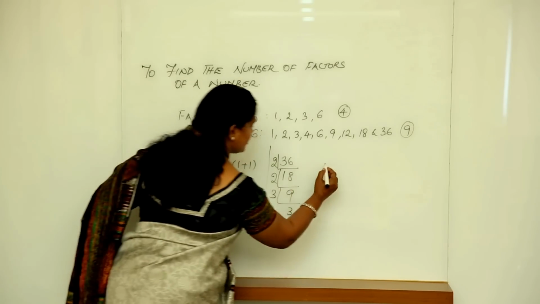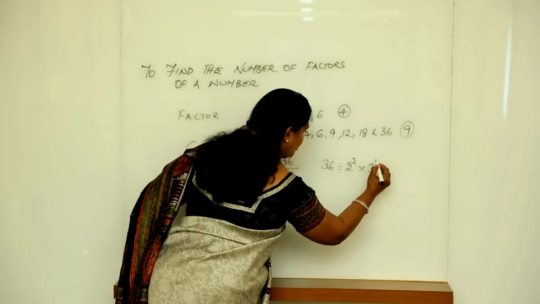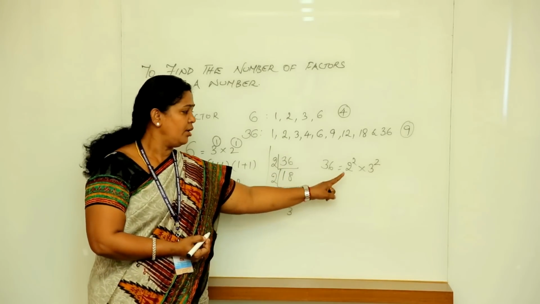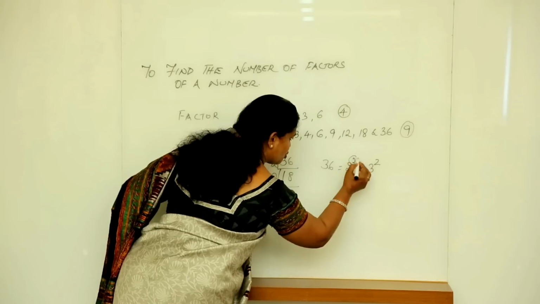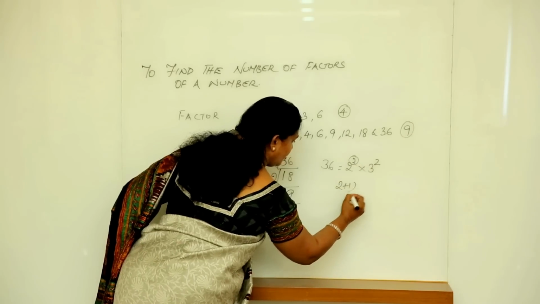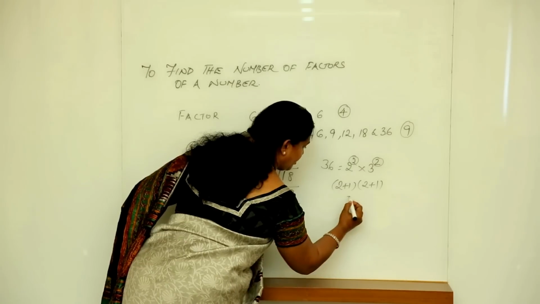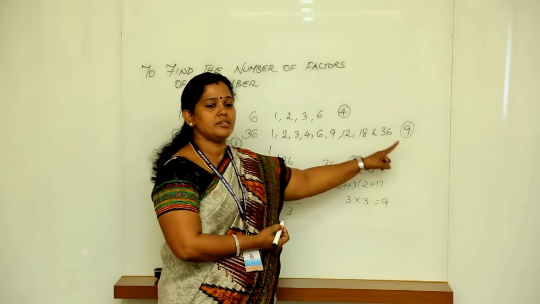So, 36 is expressed as 2 power 2 into 3 power 2. The prime factors of 36 are 2 square and 3 square. Now, to this 2 add 1, to this 2 add 1, 3 into 3, 9, so 36 has 9 factors.